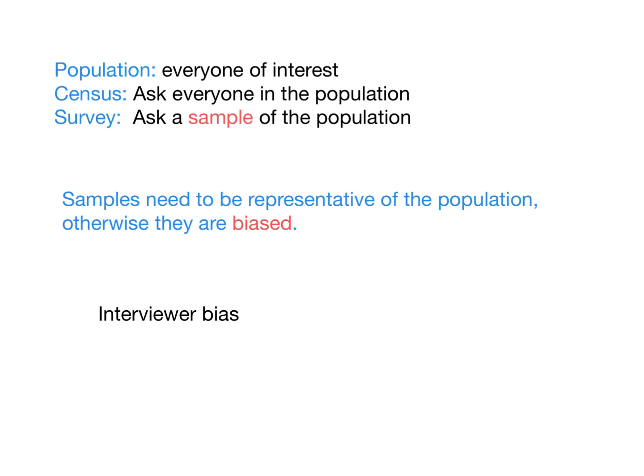If I start off by saying, "I like students a lot better if they complete more homework, how much homework do you complete?" That's interviewer bias. It's a leading question because I'm enticing the respondent to say they do more homework. You can think of interviewer bias in many different ways, but it's basically where the interviewer changes the results by their conduct.